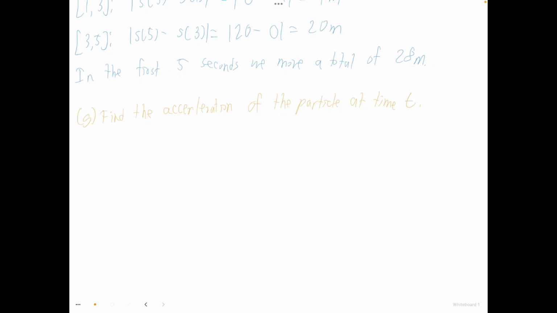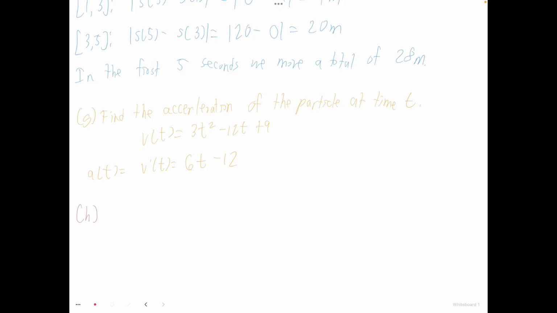Now remember, acceleration is the derivative of the velocity, and our velocity function is 3t squared minus 12t plus 9. So the acceleration is the derivative of velocity. And the derivative of the velocity is just 6t minus 12. And so our acceleration is given by 6t minus 12, which is telling us the instantaneous rate of change of the velocity.